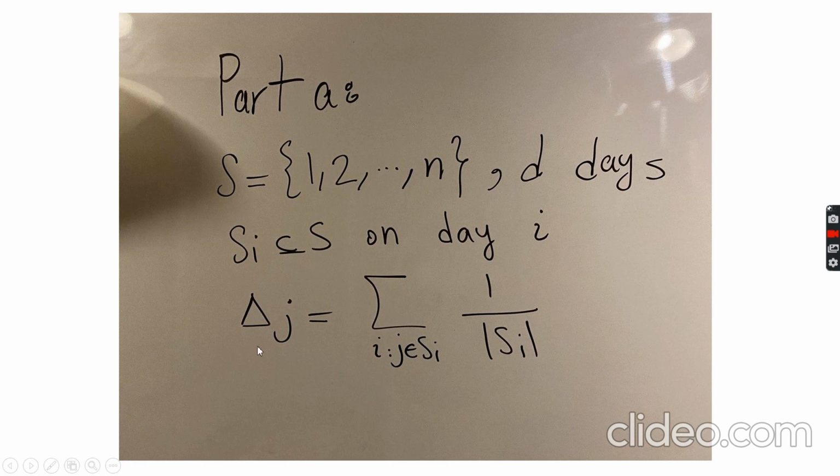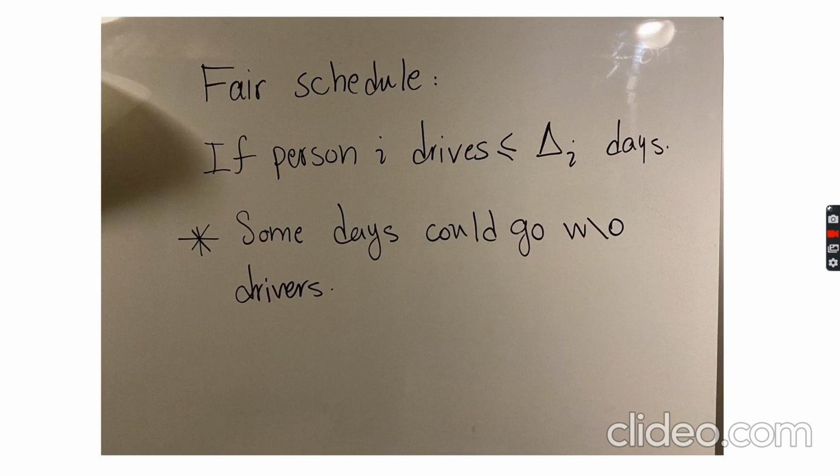So we call a scheduling fair scheduling if each person j drives at most delta j days. And one thing is that we don't really need to schedule all days. It's possible that for some of these days we cannot find a driver.